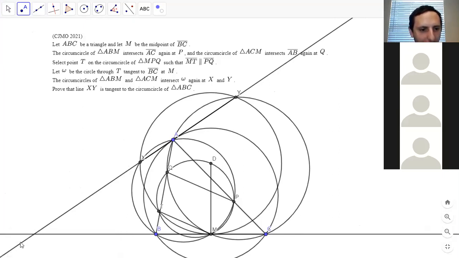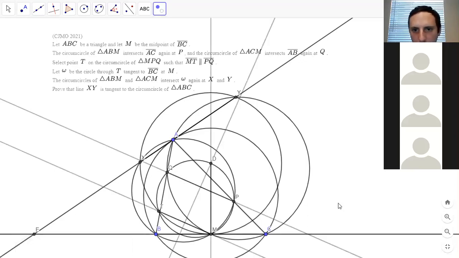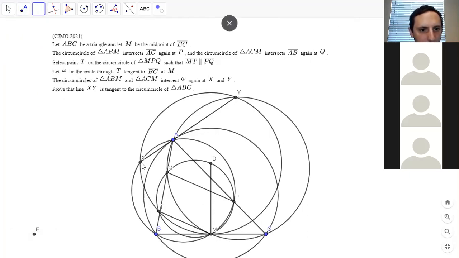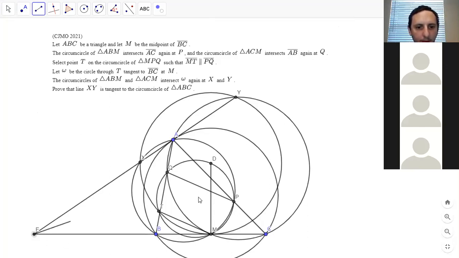I want this thing to go, there we go. I wonder if ET and P are collinear.